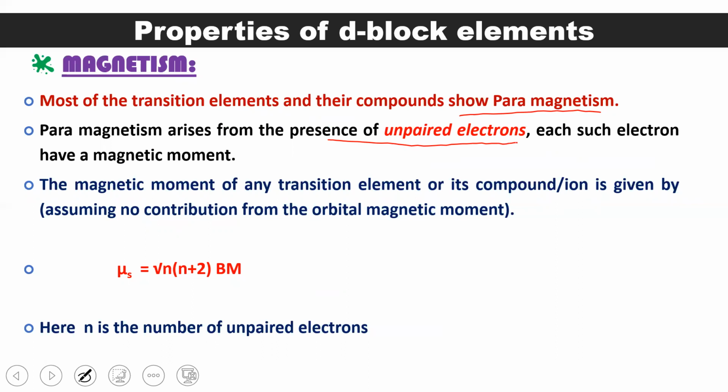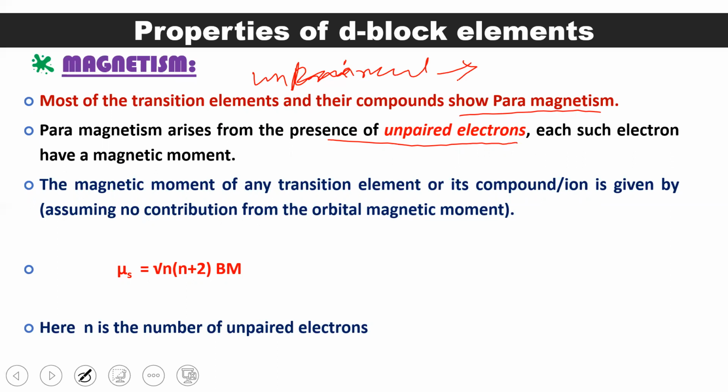So when a compound or element has unpaired electrons, automatically it will show the paramagnetic property. Remember that.